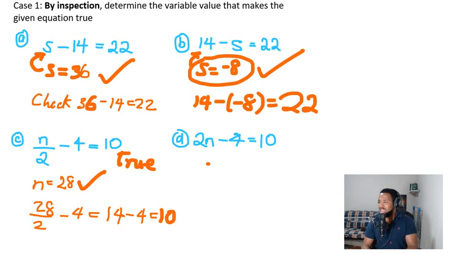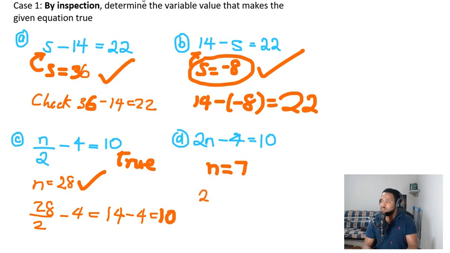You expect that number should be 14, which means you need 2 multiplied by n to be equal to 14, so that 14 minus 4 will give you 10. That means n must be 7.